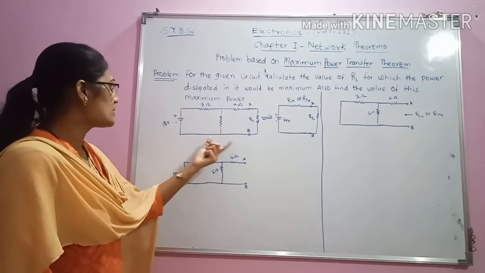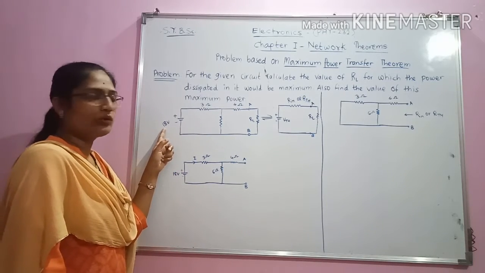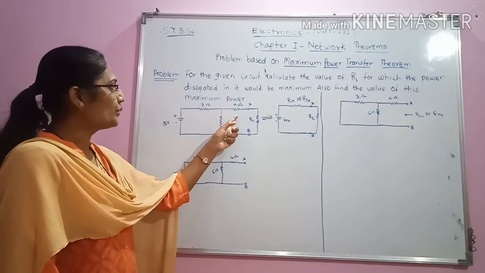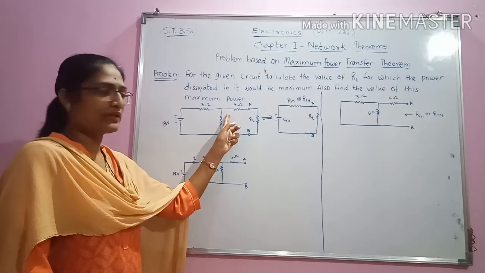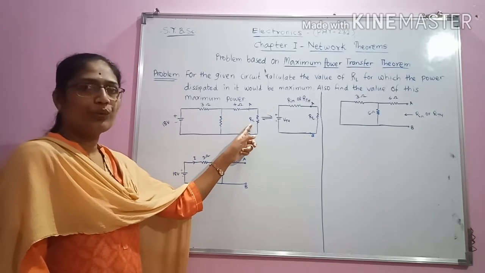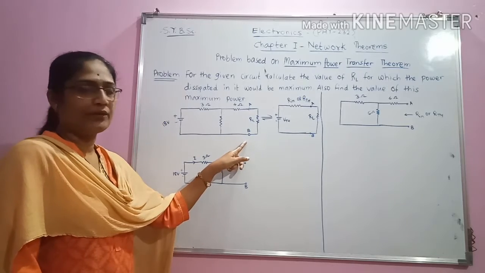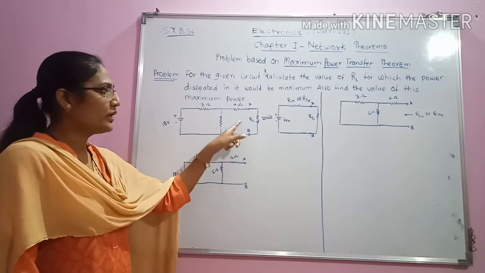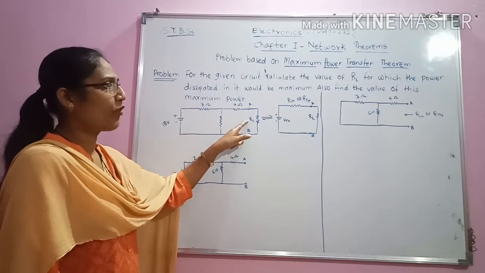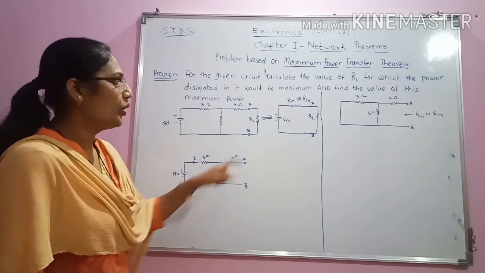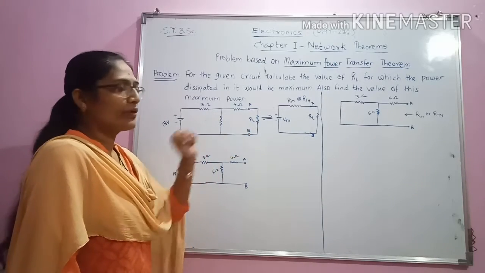The circuit consists of one battery, its value is 18 volt. Then there are two resistances, 3 ohm resistance and 4 ohm resistance, and there is a load resistance across the terminals A and B, and we have to find out the maximum load value for maximum power transfer, and also the value of power.